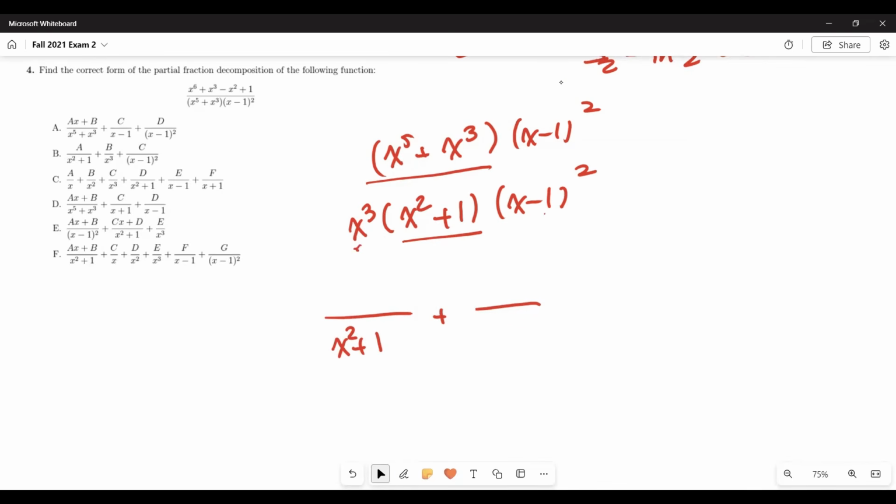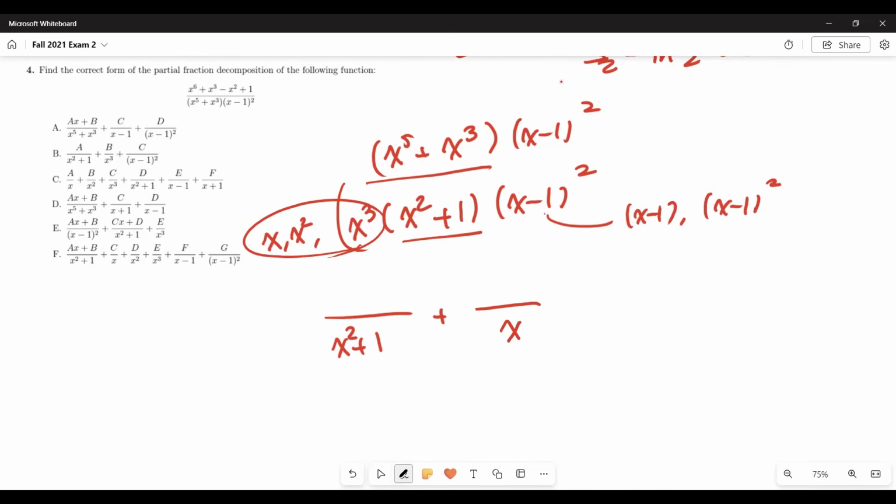If you remember, x cubed can be written as x, x squared, x cubed as a repeating term, and x minus 1 squared can be written as x minus 1, x minus 1 squared. They are both in the first exponents, so it doesn't really matter in which order you write. So we write x, then x squared, and then x cubed.